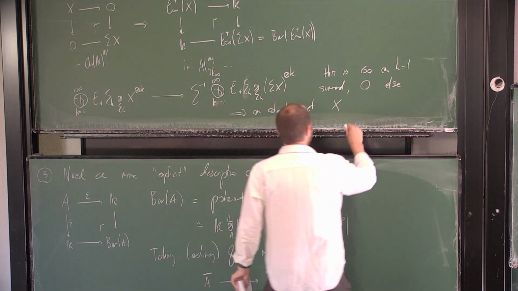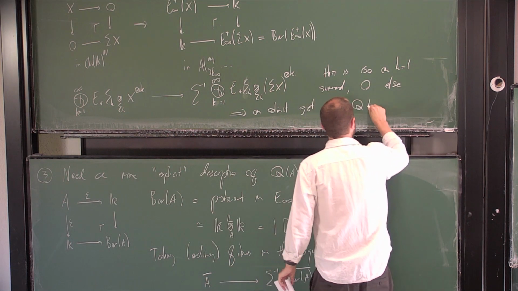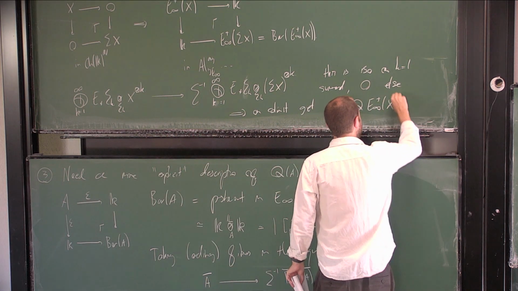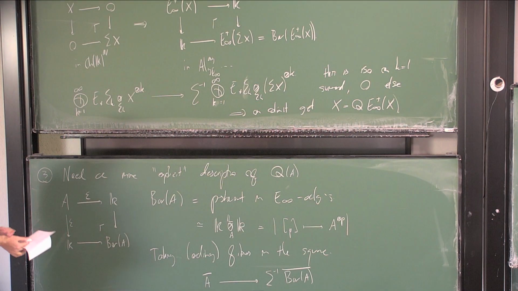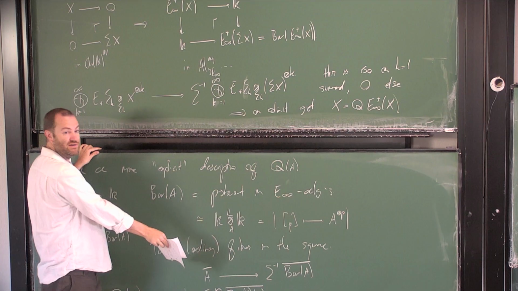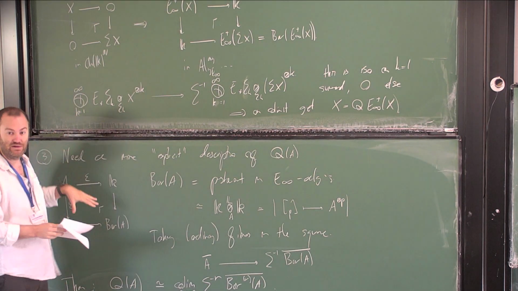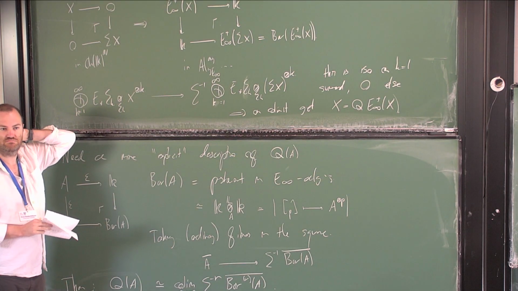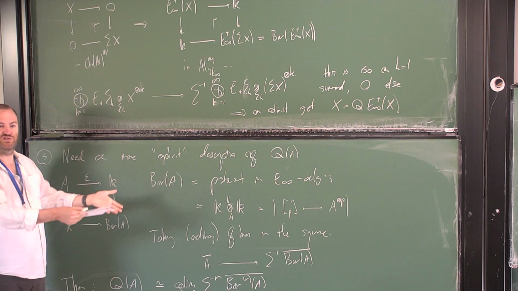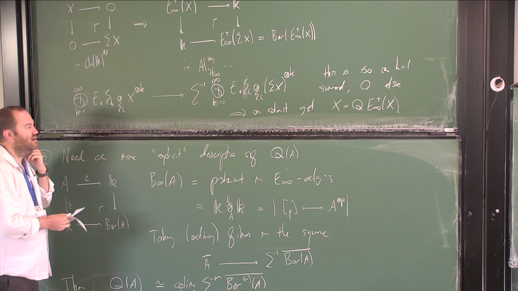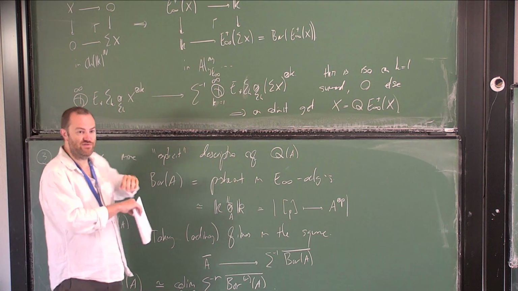And I just want to write x as Q of E infinity plus of x. And then what this shows is that this construction, this iterated bar construction, at least on free algebras, does agree with Q. Because they both send a free algebra on x to just x. That is the end of the sketch.